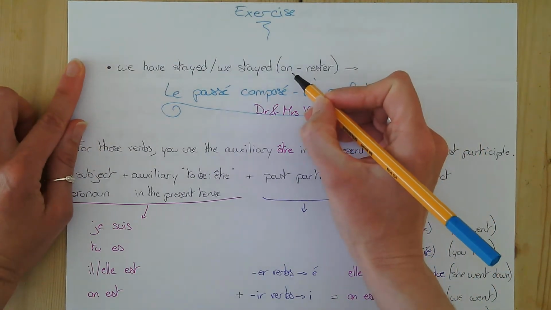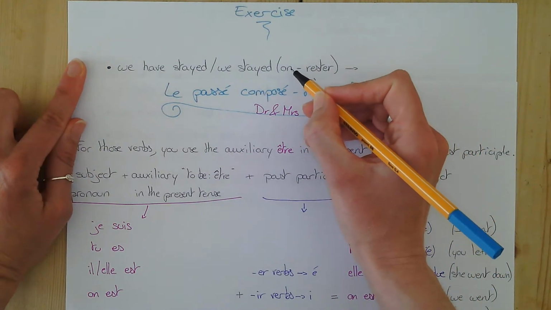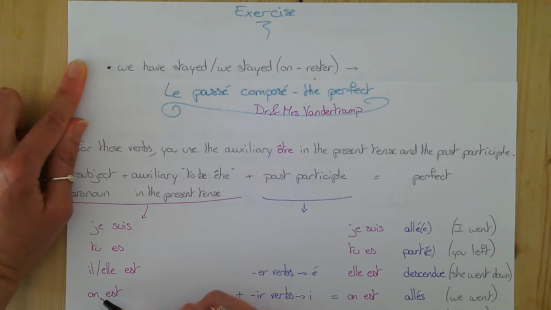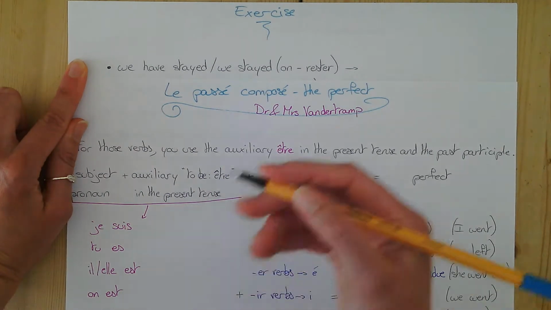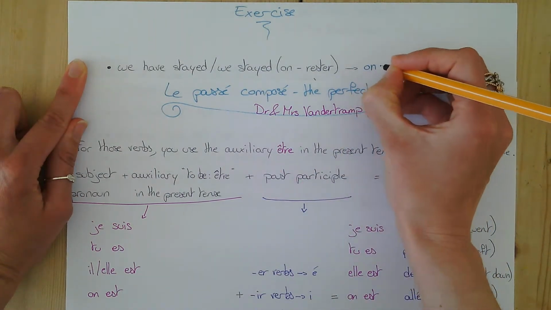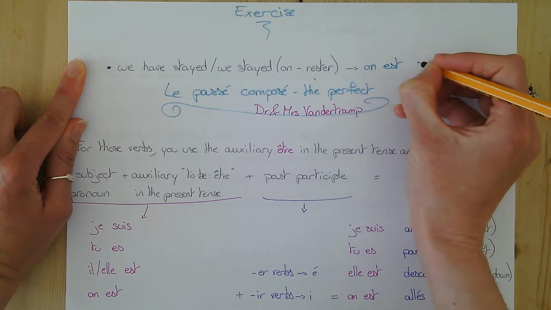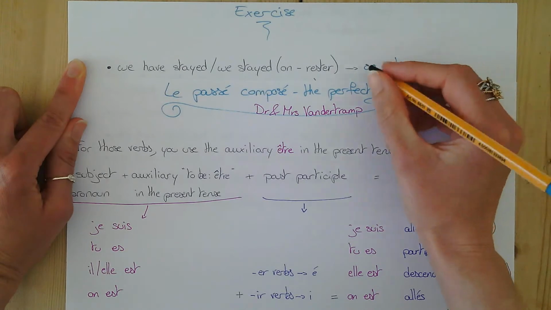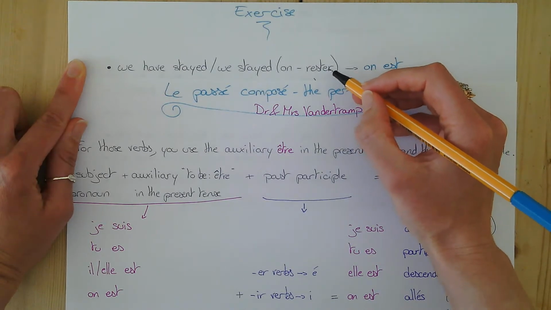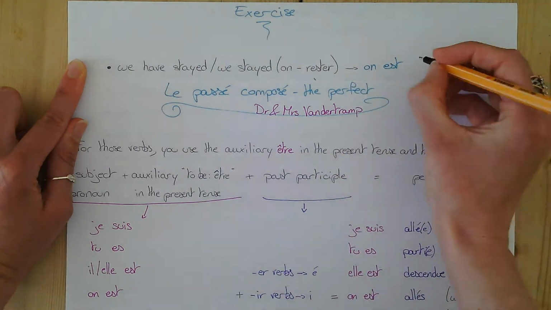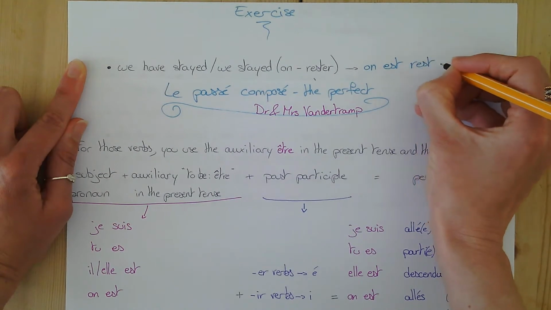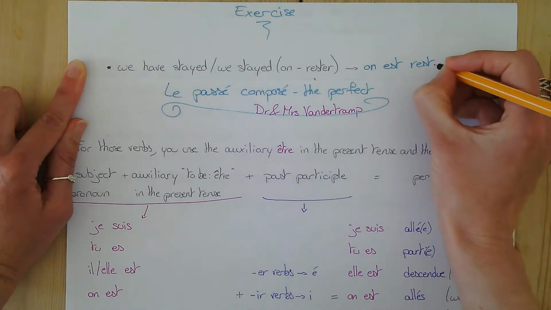As long as it's in that list, you know that you have to follow this rule. So we have stayed or we stayed. I put between brackets that I want to use the pronoun on. So we have, once again, you won't say we have in French, we say we are, that's it. And then rester is an ER verb. So I follow my rule, take off the ER and put an E accent.